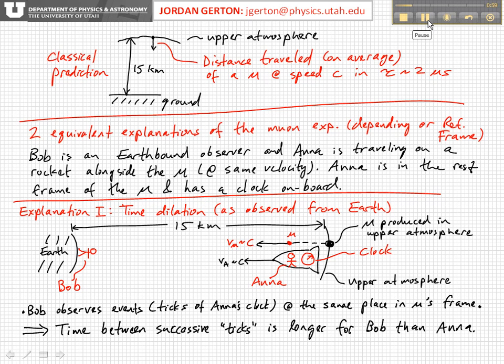From Bob's perspective, he observes the ticks on Anna's clock, and those ticks occur at the same place in the muon's reference frame. From time dilation we know that the time interval between successive ticks on Anna's clock is longer, according to Bob, than according to Anna.